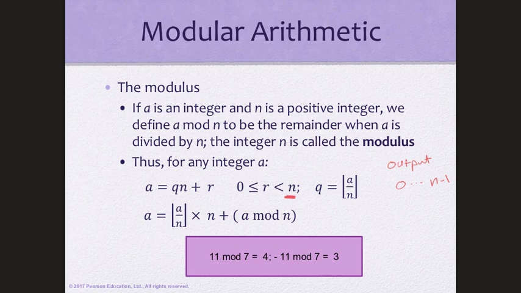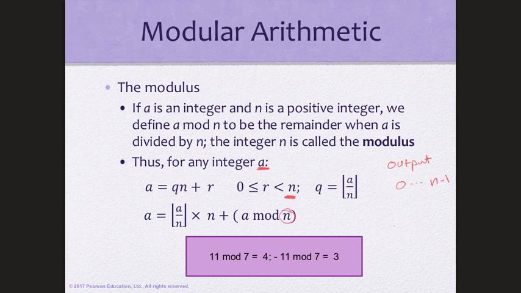And the way we produce results that are limited to this domain from 0 to n minus 1 is that we take any integer value a, and we find the remainder of dividing this value by the modulus n.